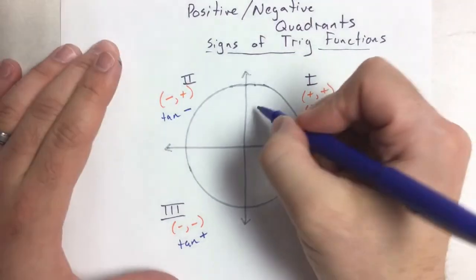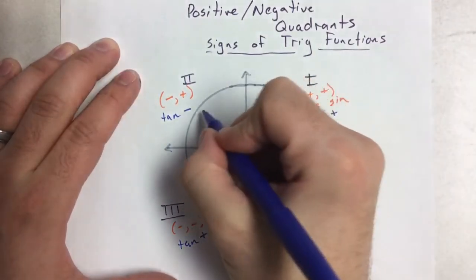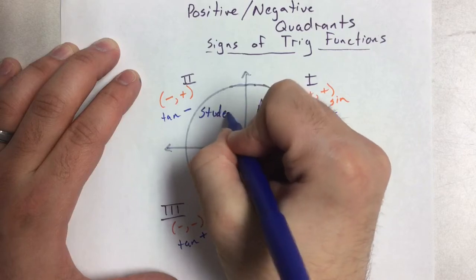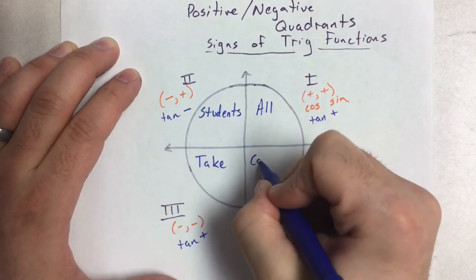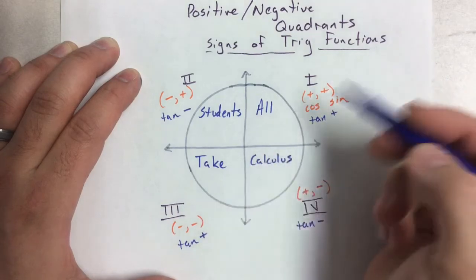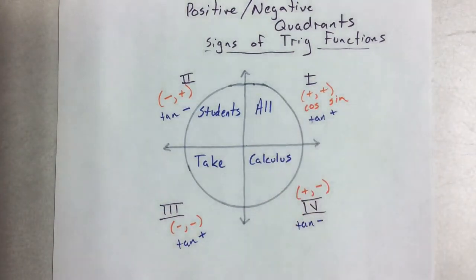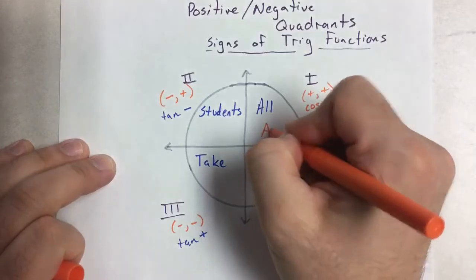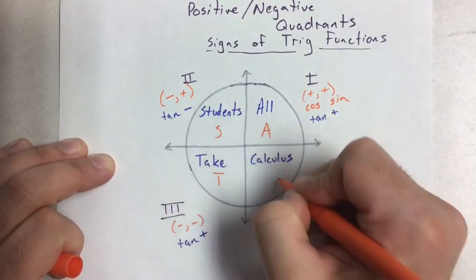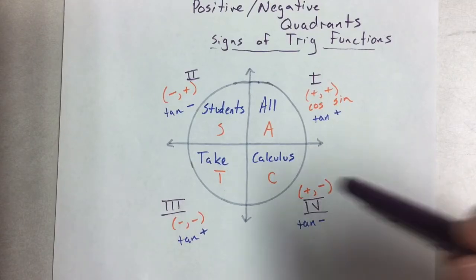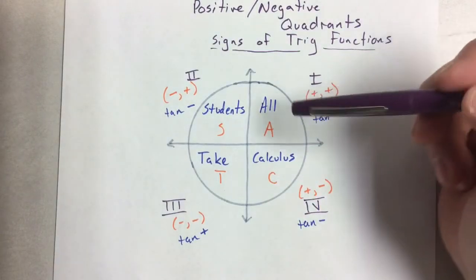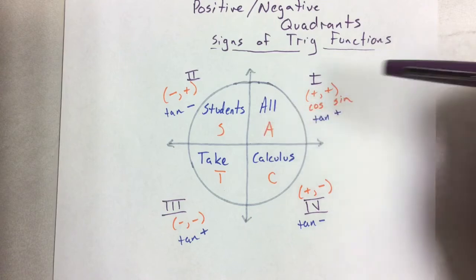Okay, so I'm going to write this down. All students take calculus, or you'll eventually just know it as ASTC. Okay, so what this is saying, in the first quadrant, all trig ratios are positive.